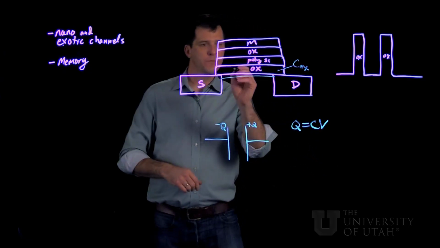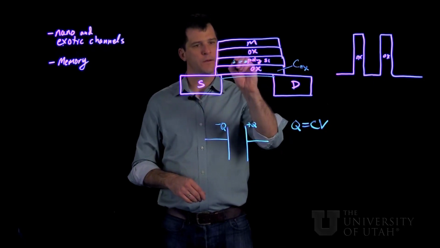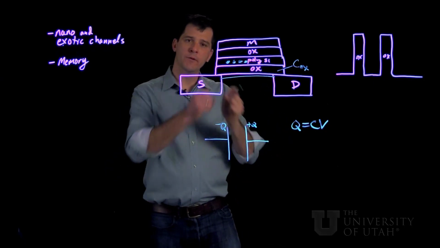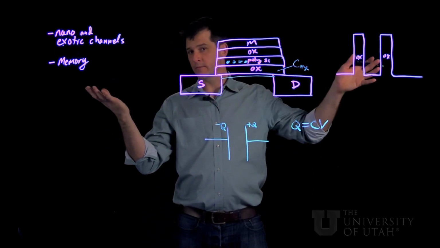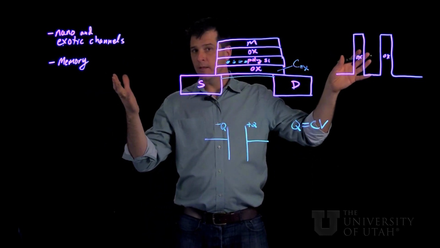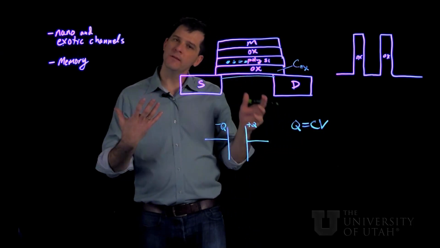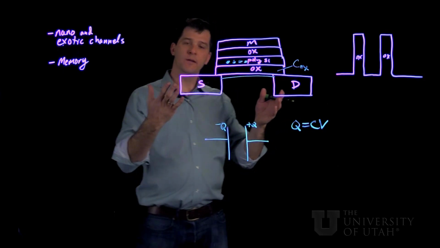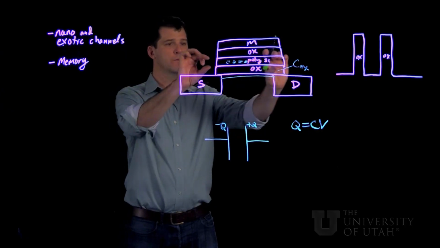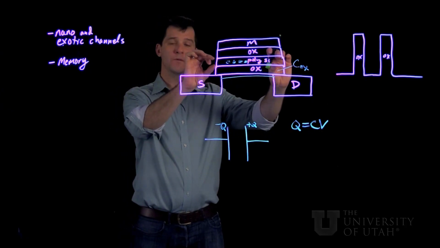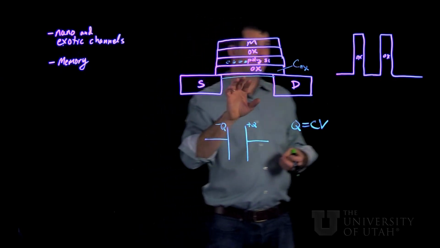So if we can inject some electrons into this polysilicon layer here, and then we can turn off the power source, those electrons will be trapped for many, many years, stable, non-volatile, and effectively they'll exert a voltage on the channel. This means that we can turn this MOSFET on and off depending on the number of electrons that we've injected into this charge trap here. This could be called a floating gate type of arrangement.